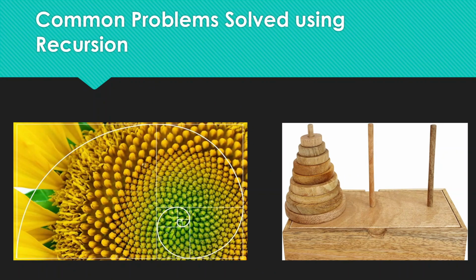Other than the factorial of a number, another problem that is solved using recursion is the Fibonacci sequence. Some flowers make a perfect Fibonacci sequence, like the sunflower.